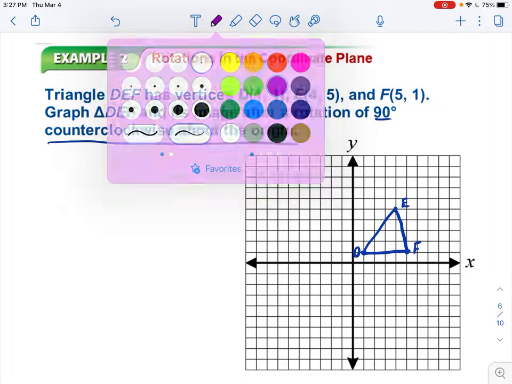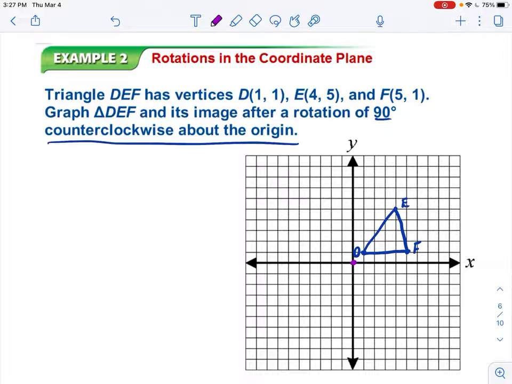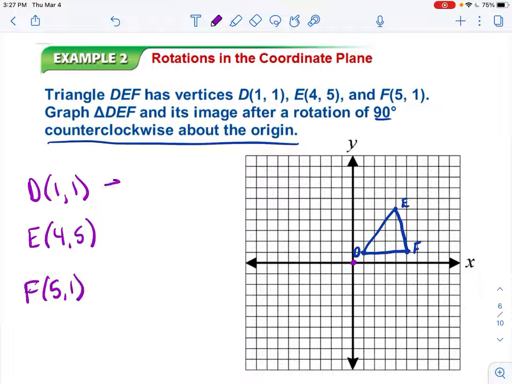Notice what we had above is only for the origin. Those sort of mapping equation type things. So, D is (1, 1). E is (4, 5). And F is (5, 1).